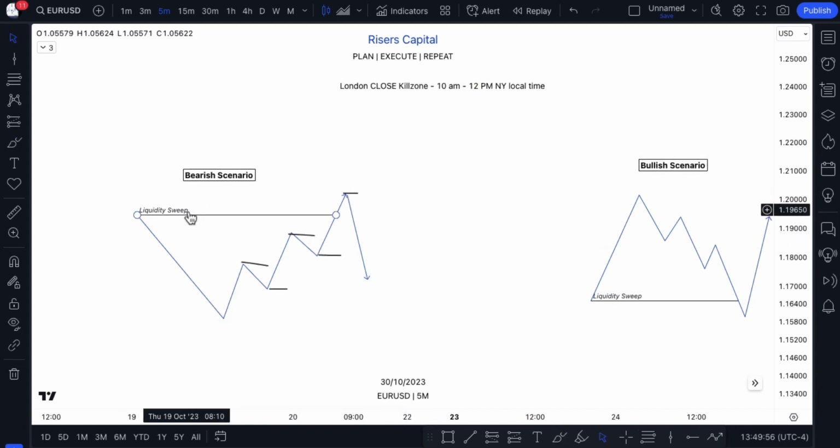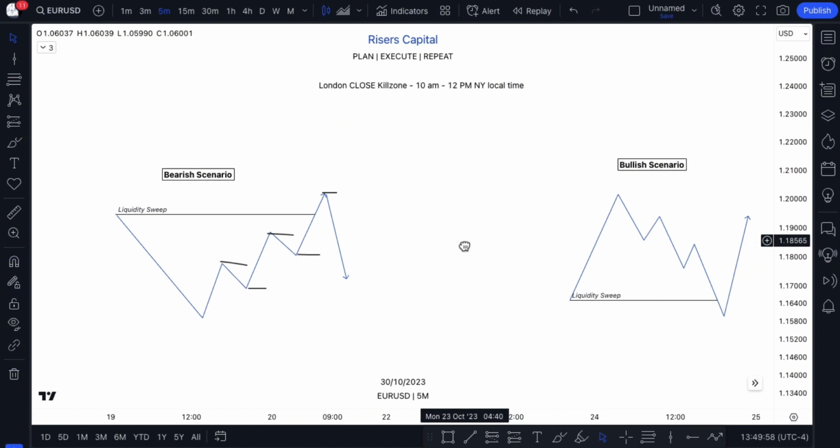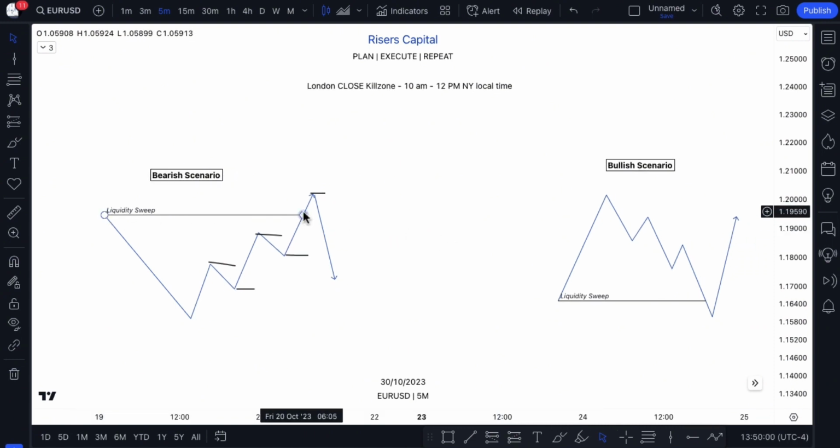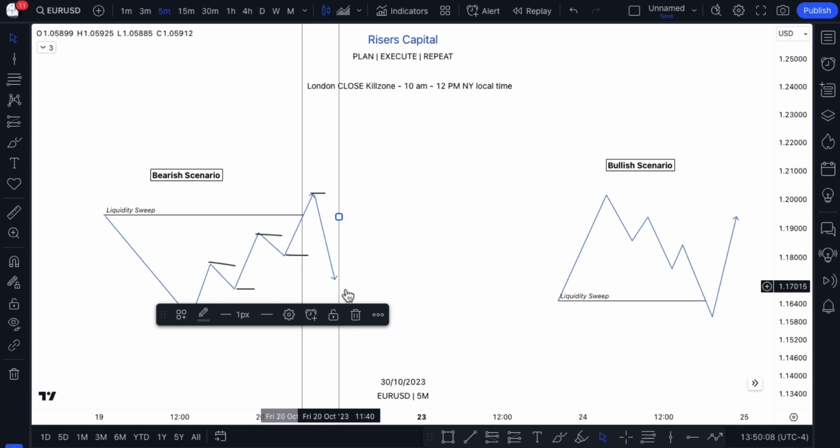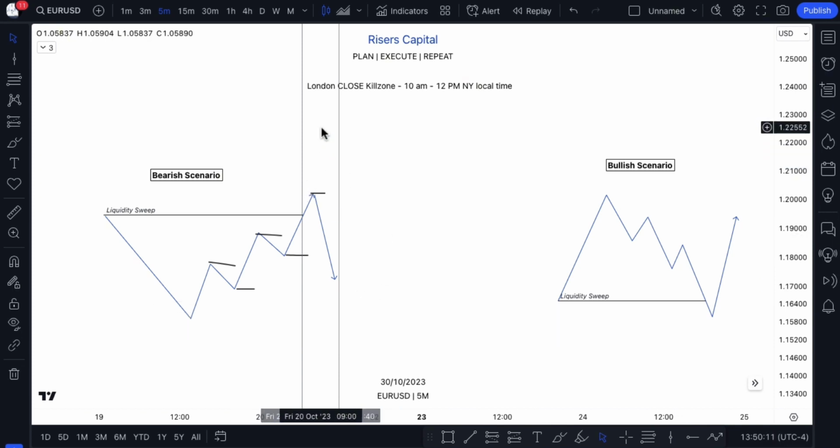Now what this is essentially, you need to look for a liquidity sweep within this time window. So within this time window, so let's say this 10 to 12. However, the liquidity sweep can be before this time window, but you want to be looking to trade during this time, so 10 a.m. to 12 p.m. New York time.